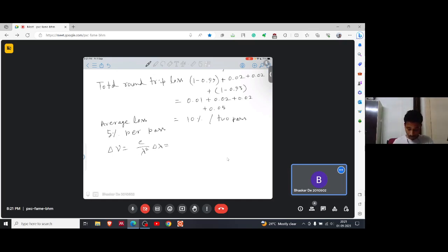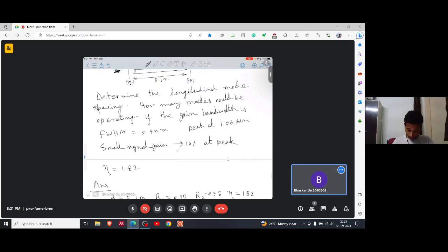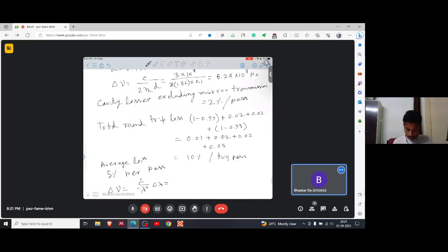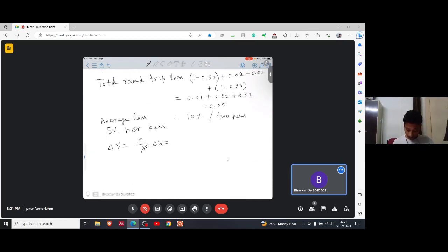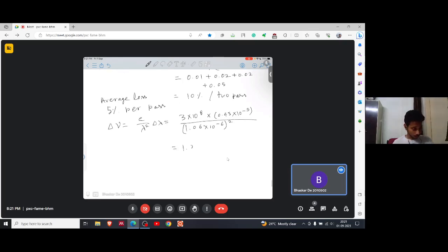So here FWHM is 0.45 nanometer and lambda is 1.06 micrometer. So delta nu is 3 into 10 to the power 8 into 0.45 into 10 to the power minus 9 by 1.06 into 10 to the power minus 6 whole square, which will be 1.20 into 10 to the power 11 hertz.